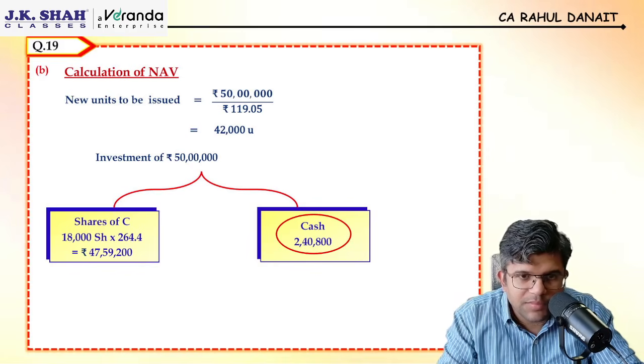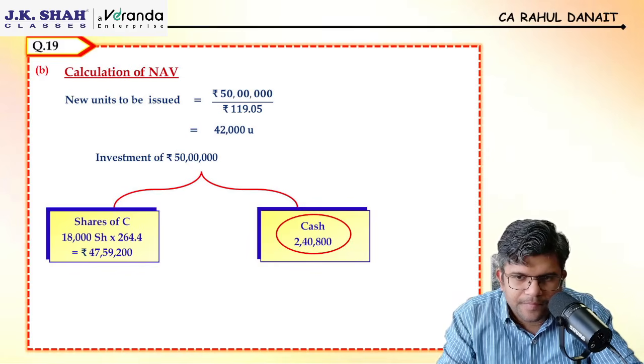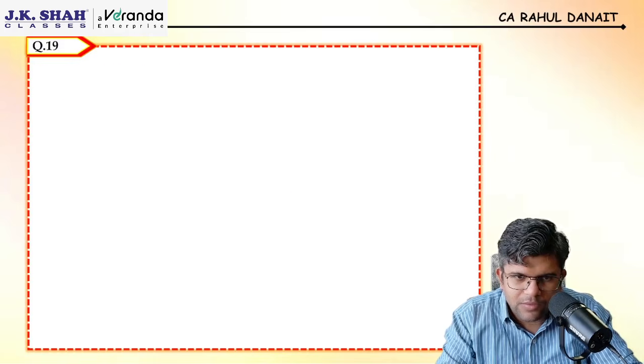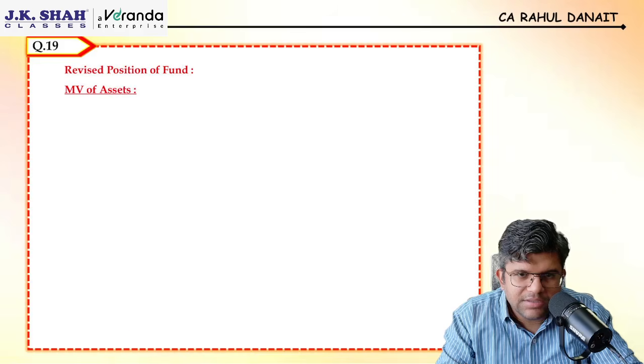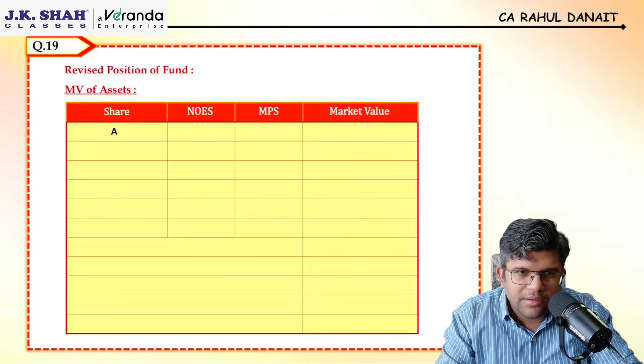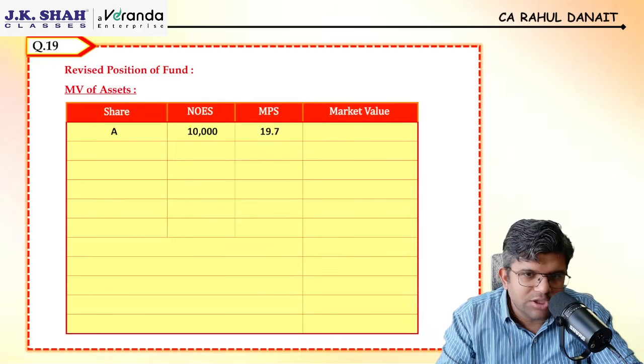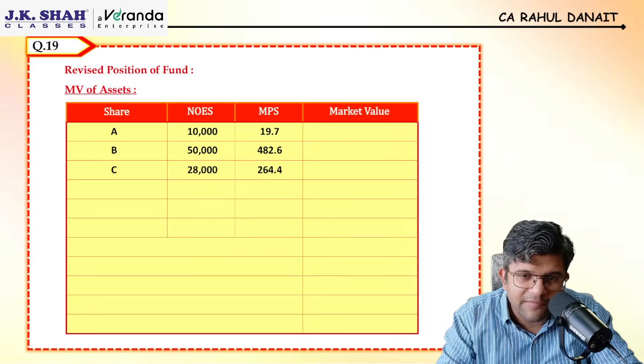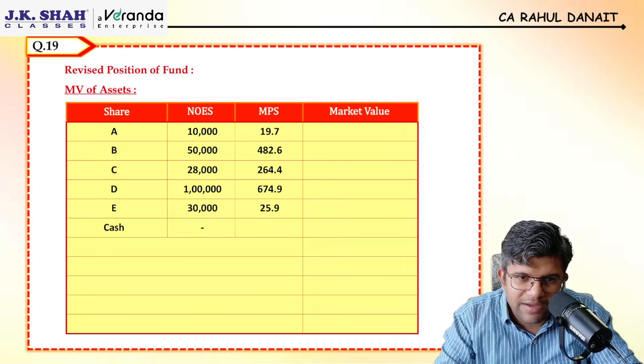Done? Anybody wants me to wait? Okay, students, look at the screen. Nothing happens to share A, nothing happens to share B, something happens to share C. Give me a Y. Okay, nothing happens to D, nothing happens to E, something happens to cash.